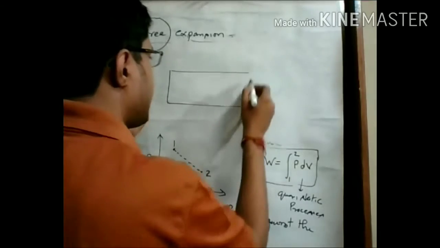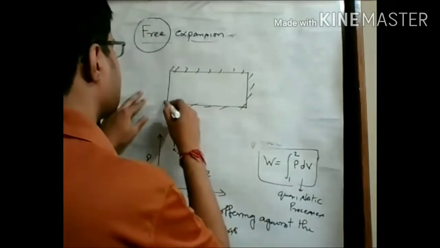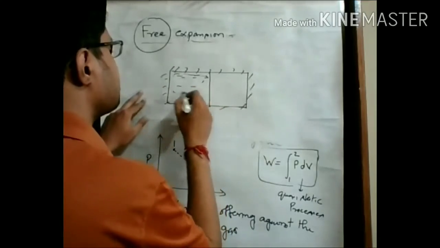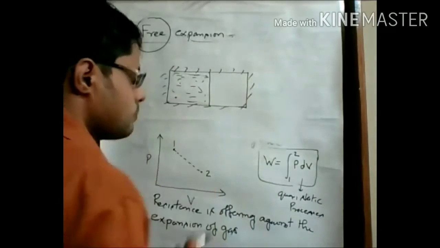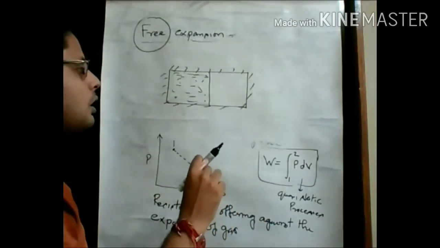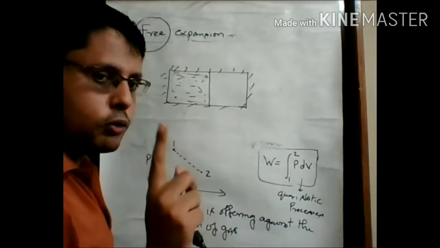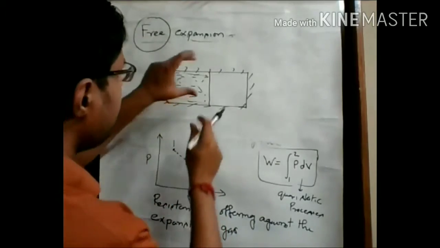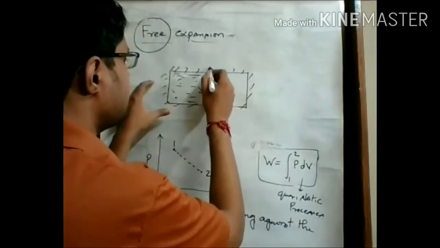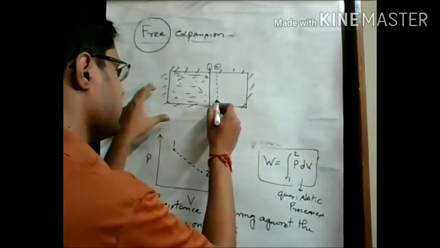So if we see this chamber again, this is the insulating layer. This is a separating wall. Here gas is filled, and this is a vacuum. In the first case, we just remove the separating wall and permit this gas to expand throughout the chamber. But now, in the second case, if we slowly shift this separating wall, in a first condition it is here, in a second condition we slightly shift this separating wall here.